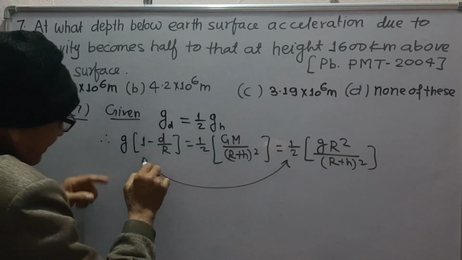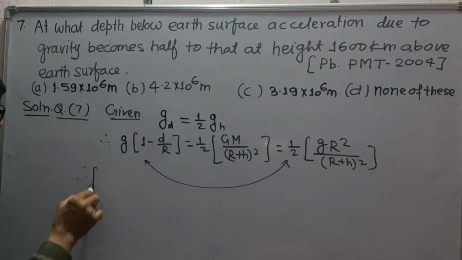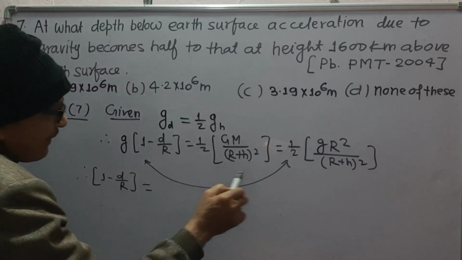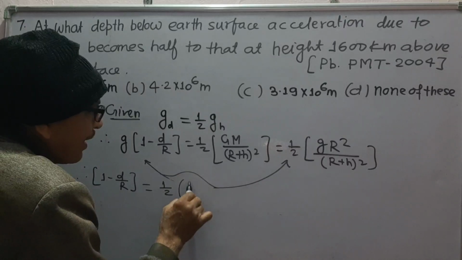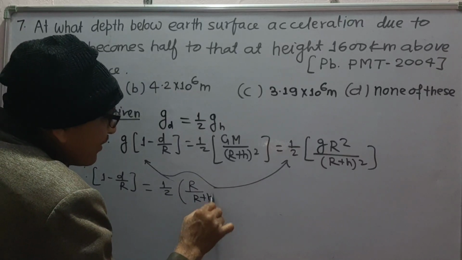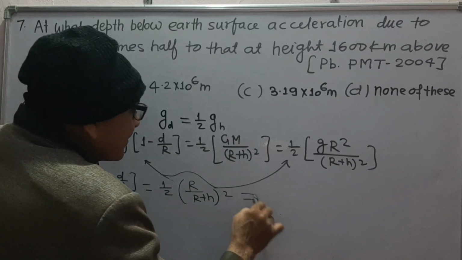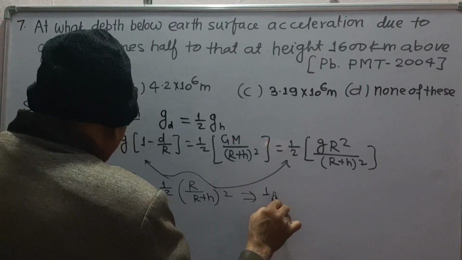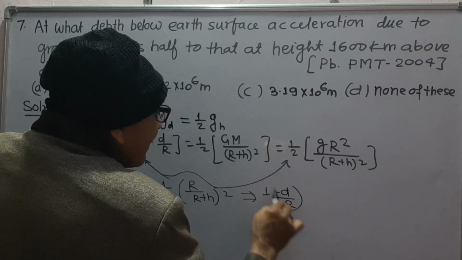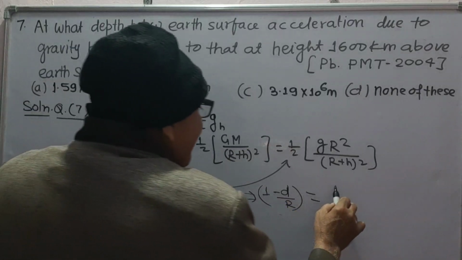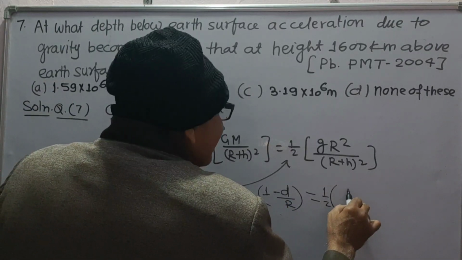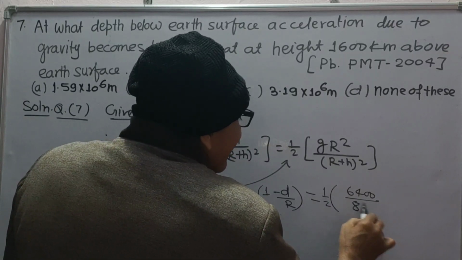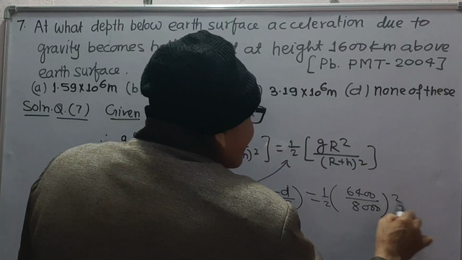In this equation, g cancels out and we get 1 minus d upon R is equal to 1 by 2 R upon R plus h whole square, which can be written as 1 minus d upon R is equal to 1 by 2 into R, that is 6400 km, upon R plus h, that is 8000 kilometer, its square.